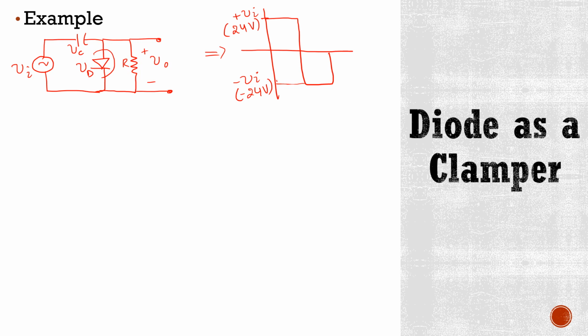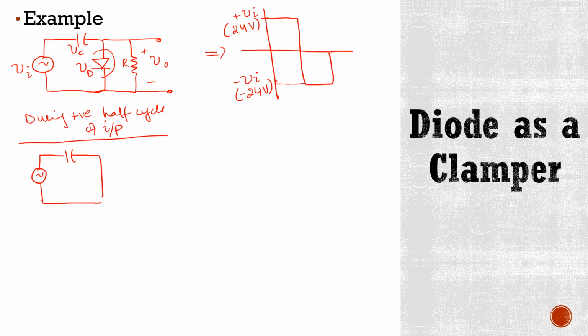We know that if the diode is connected in this direction, then it will conduct during the positive half cycle of the input. So during the positive half cycle of input, this circuit will look like this, where now this diode is short.